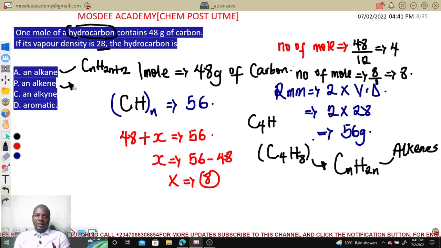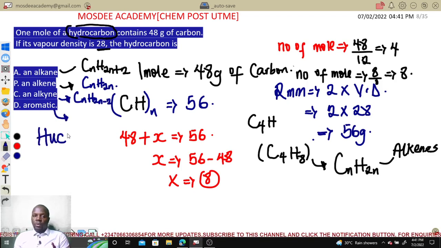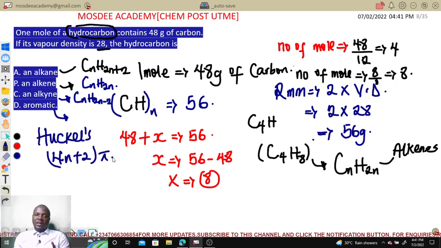Alkenes is CnH2n. Alkynes is CnH2n minus 2. Then aromatics obey what we call Huckel's rule, that is 4n plus 2 pi. So an aromatic substance must have at least 1 benzene ring in its structure.